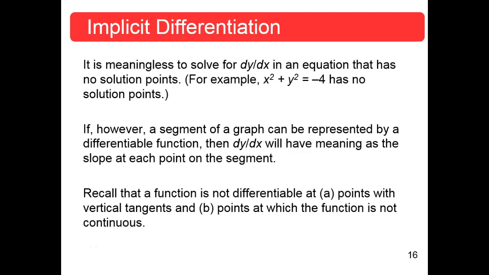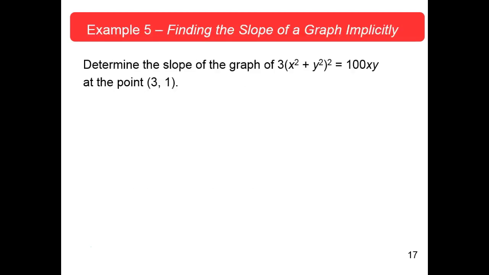Recall that a function is not differentiable at points with vertical tangents. Yes, we just saw that. Or points at which the function is not continuous. Yeah, discontinuous points. So, why not? Let's just skip 3 and 4 and go to 5. Well, let's not.